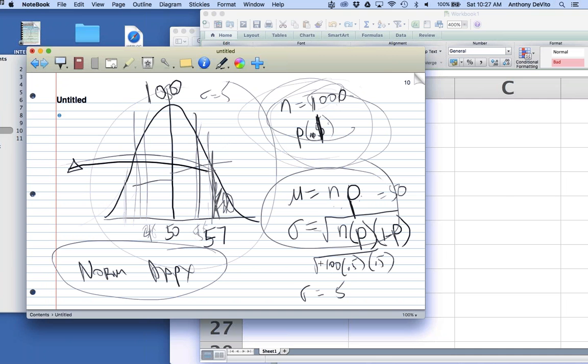Well, it would be 1,000 times 0.1 times 0.9, and then the square root of that whole thing. That's 0.09 times 1,000, which is 90. The square root of 90 is approximately 9, right? So the standard deviation there would be approximately 9, and you could look at this as a normal distribution and do your calculations from that point.